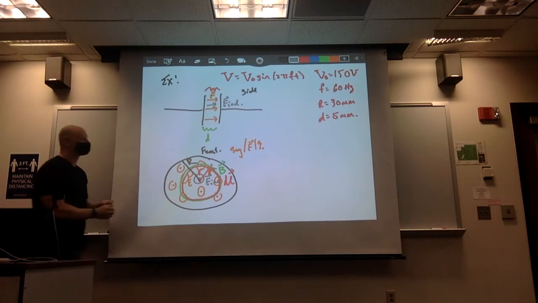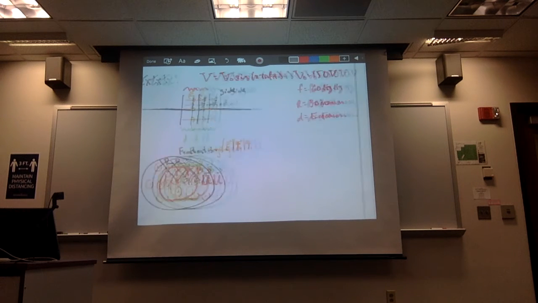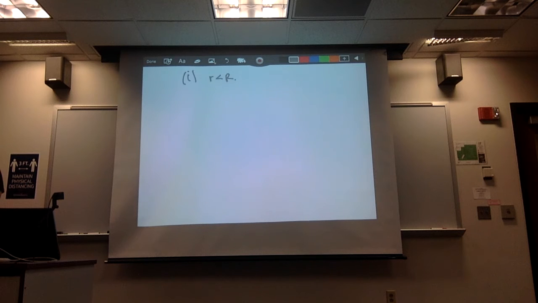So the area that we wrote down has to do with that area, which means my area is simply going to be pi times little r squared. This is the interior portion. So finally, what I'm going to get is that B times 2 pi r is equal to mu naught epsilon naught times pi times r squared times the time rate of change of the electric field.